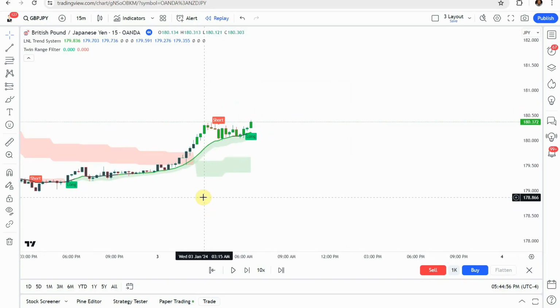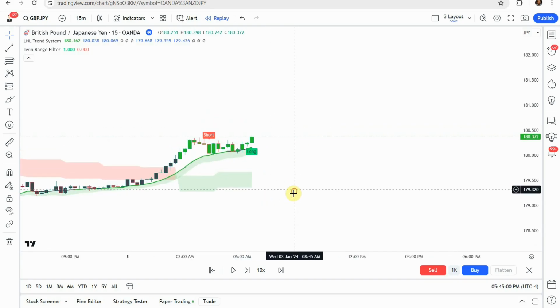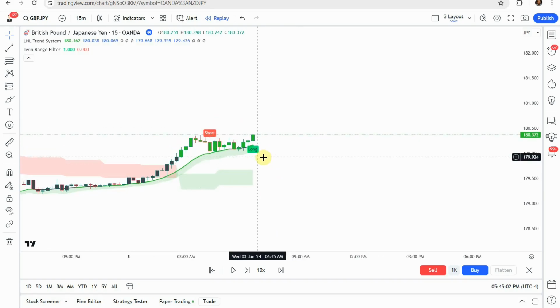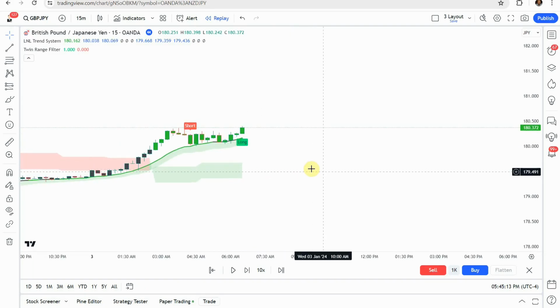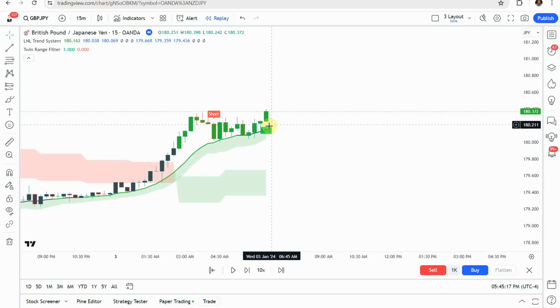And so what we're looking for with a long trade or a buy trade is a long tag right here from the twin range filter. And when we get that long tag right there, what we are looking for is the candlestick bar coloration to be green. It's kind of hard to see, let me turn off the twin range filter.